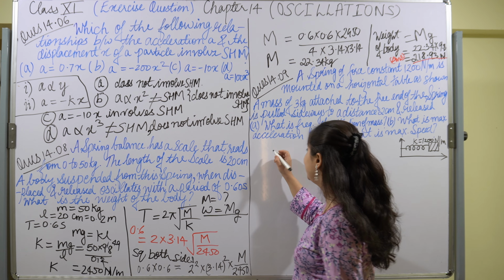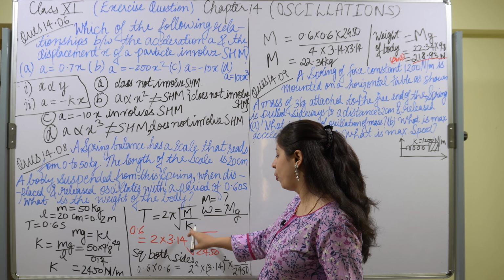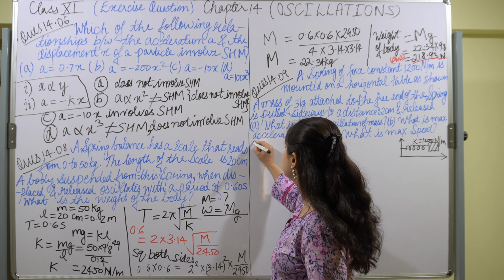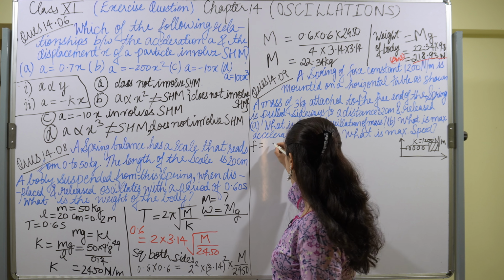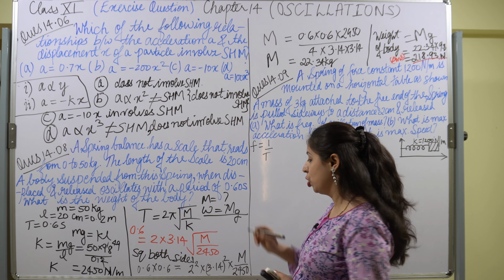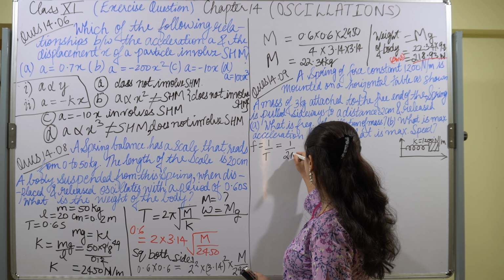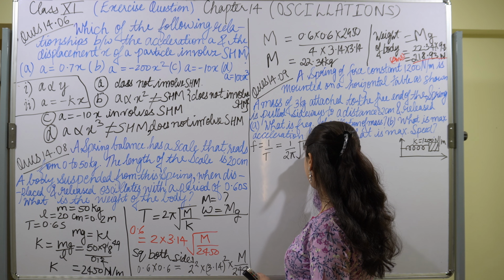In order to find the frequency, we already know the time period is given by 2 pi under root m upon k. The frequency will be equal to 1 upon T, so my formula will become 1 upon 2 pi under root k by m.